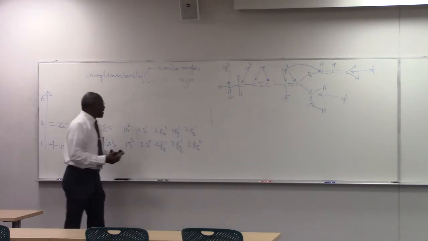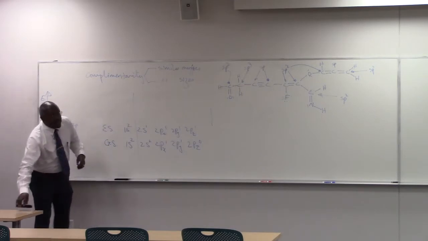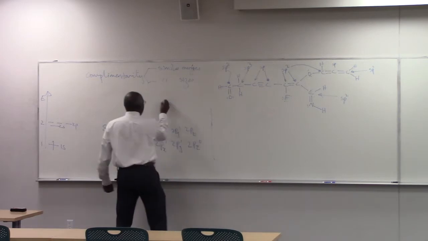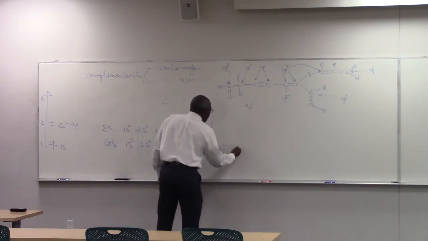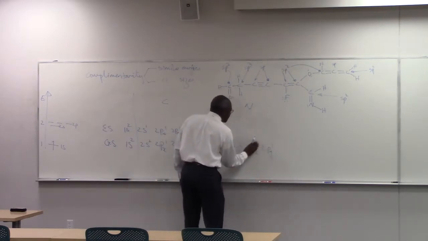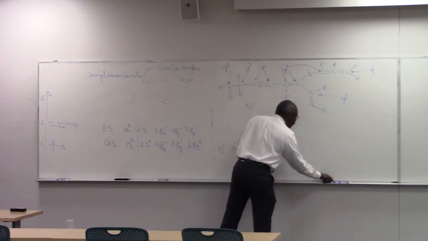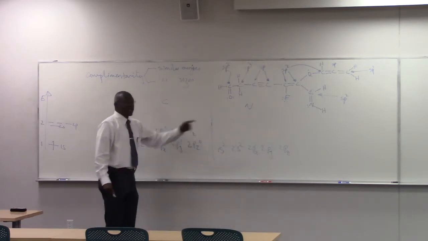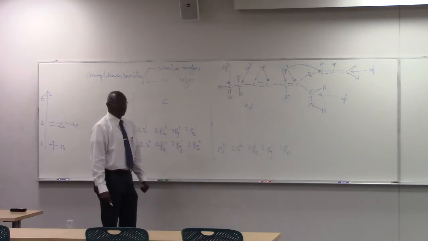So in the electronic configuration, this is carbon. For nitrogen, it would be 1s2, 2s2, 2px1, 2py1, 2pz1. Nitrogen has 1 electron more than carbon, so instead of 2pz0, it's 2pz1. But what happens next for nitrogen?